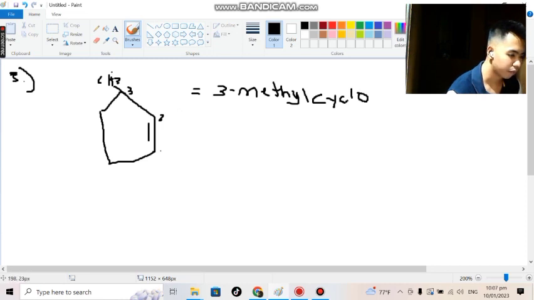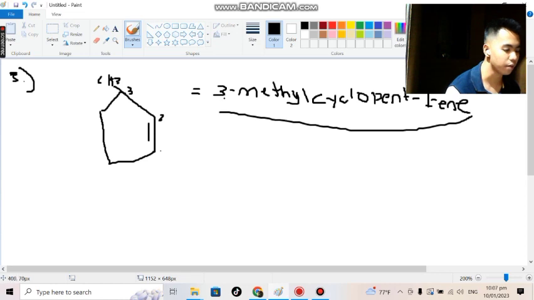And then we have a 5-carbon parent chain here, so this is going to be a pentene. And then the double bond is in carbon 1. So this is named as 3-methylcyclopent-1-ene.